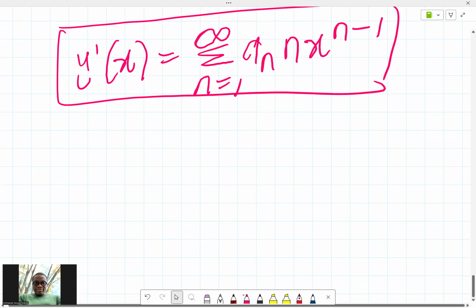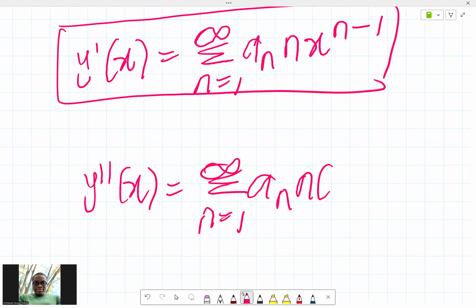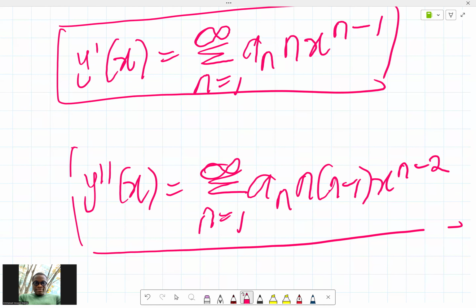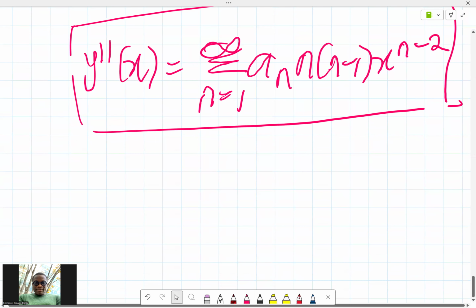And the second one, y prime prime of x, the second derivative, would be the summation from n equals 2 to infinity of n into n minus 1, an x raised to power n minus 2. So you assume the power series solution, and of course you need the derivatives.